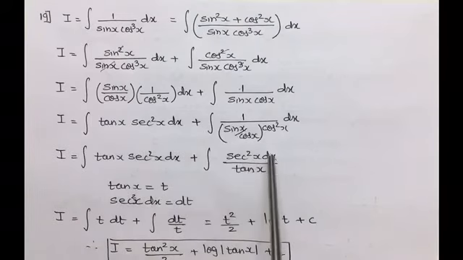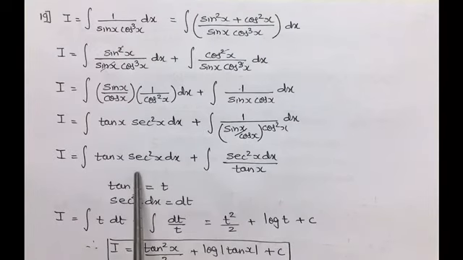Now after simplifying and converting it in terms of tan x and sec square x, we will assume tan x as t. The derivative of tan x, sec square x dx, is equal to dt. Now putting all the values in their places, in the place of tan x, t, sec square x dx is written as dt.